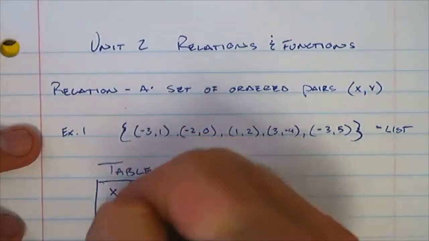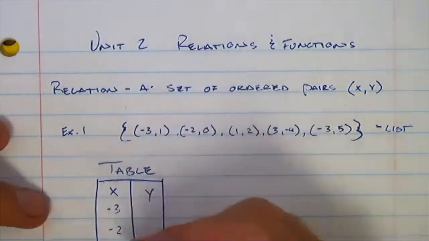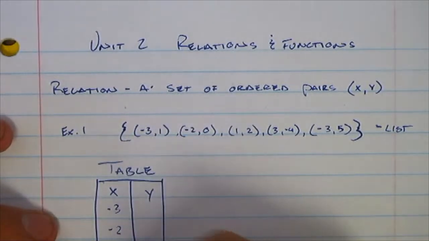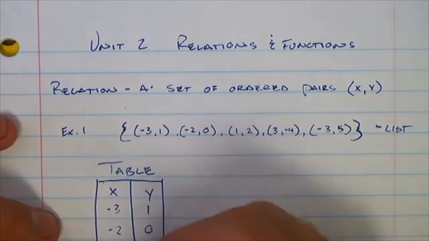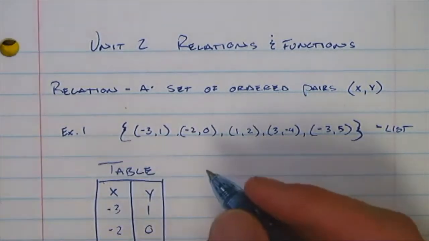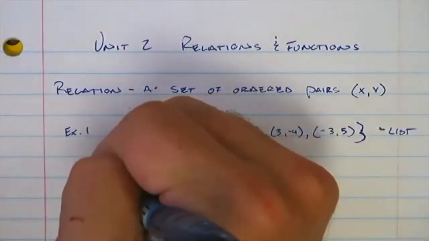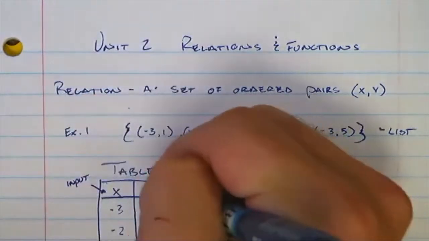Typically, these are run in least to greatest format, but it's not necessarily required to be that way. We've got one more there, that's going to be -3 as well. So 1, 0, 2, -4, 5. Input-output table. If you'll remember, the X is your input, the Y is your output.